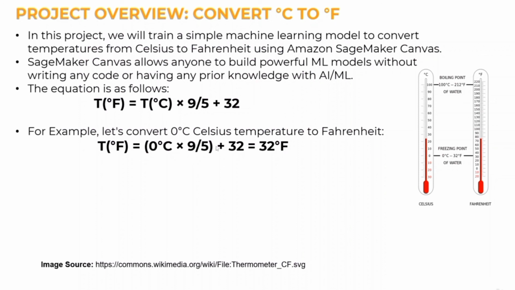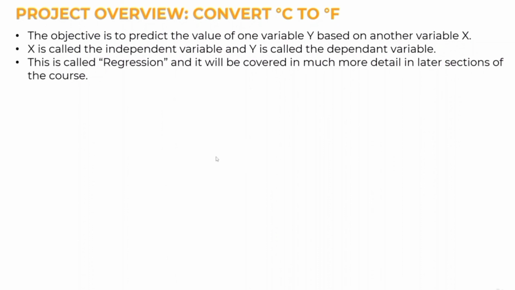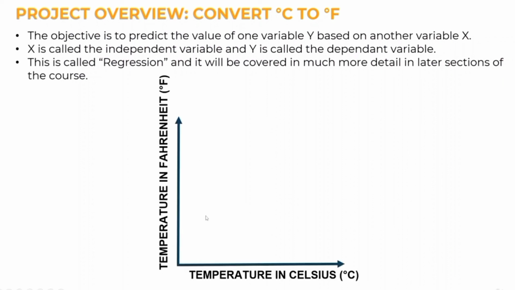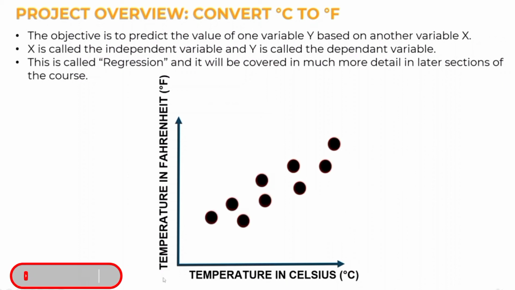So the objective is to predict the value of one variable y based on another variable x. We call x the independent variable, and we call y the dependent variable. That's why we call it regression. Please note that we are going to cover regression in more detail in the next couple of days, just to show you guys SageMaker Canvas using a very simple basic dataset.